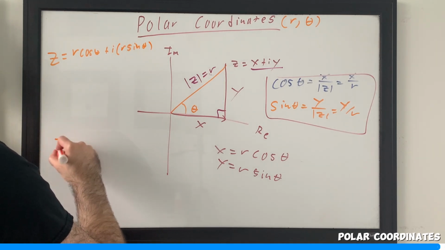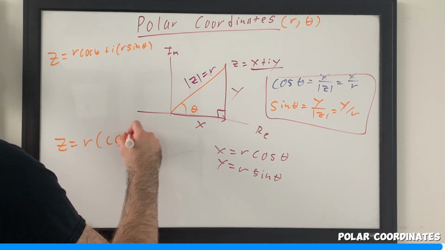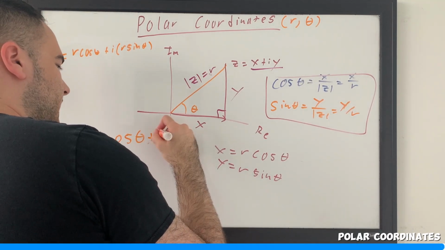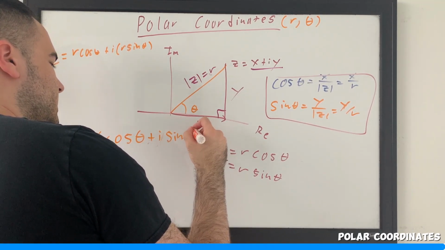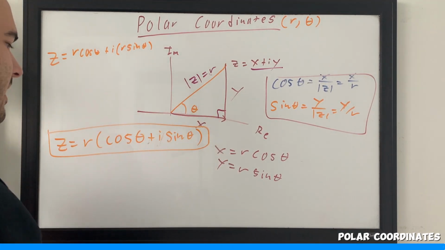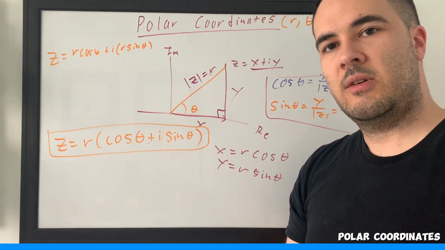So now we get our final version that z is equal to r times cos of theta plus I times sine of theta. And that is how the polar coordinates were made for complex numbers.